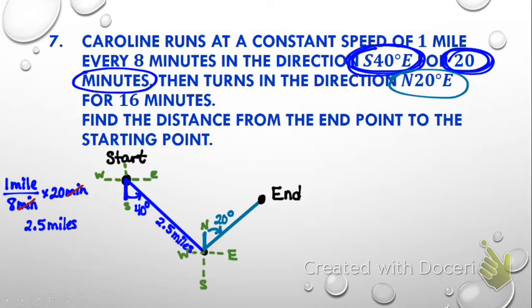How far did she go after she turned? How do you know? 1 mile every 8 minutes. She did this for 16 minutes, so 2 miles. So far, so good on our picture?